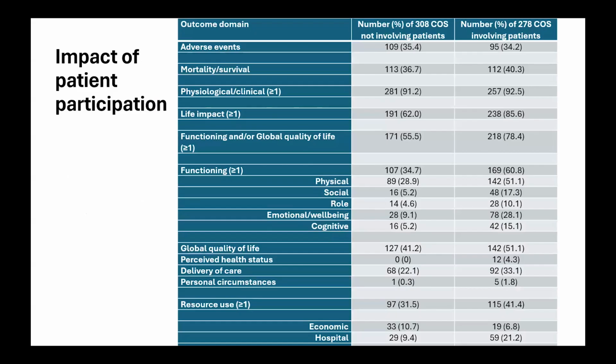When we compare the core outcome sets that have not included patients versus those that have, we see that the functioning type outcomes, so activities of daily living, emotional well-being, and role functioning, are much more likely to be included when patients are included. So their input is vital to that final set.